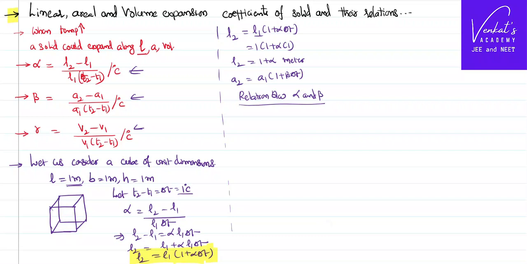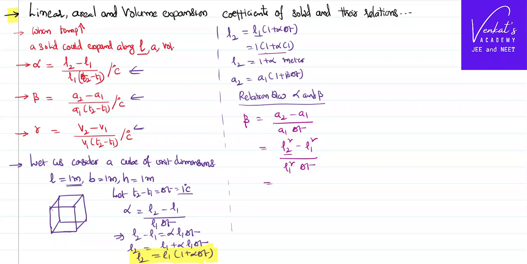Let us take the definition of beta, A2 minus A1 by A1 into delta T. So I can say (L2 square minus L1 square) by L1 square delta T, because it's a cube, and area is the square of the length.